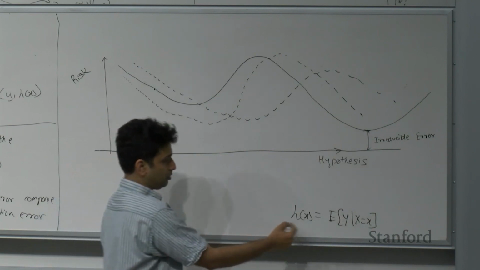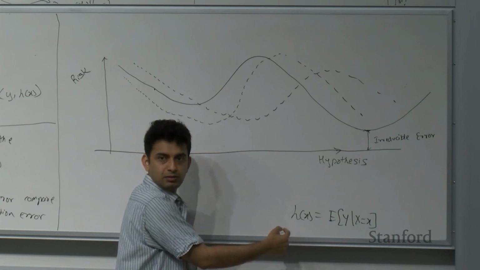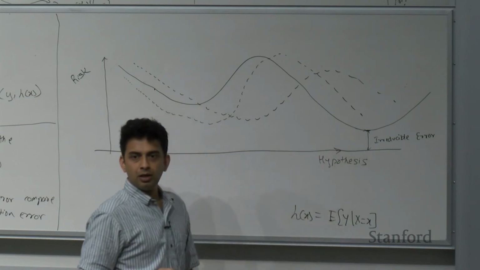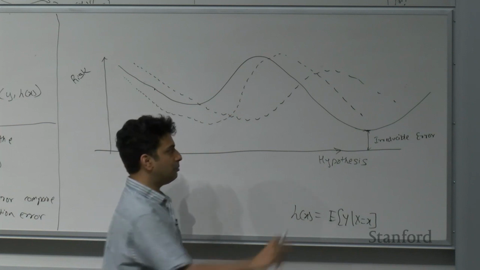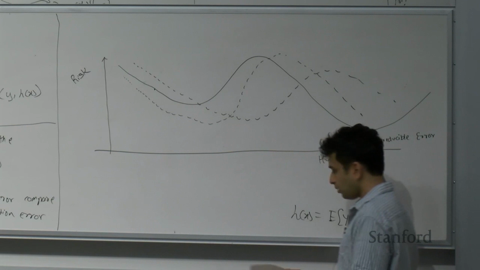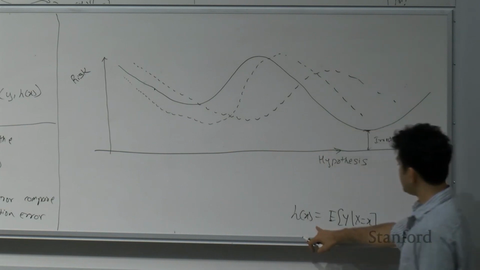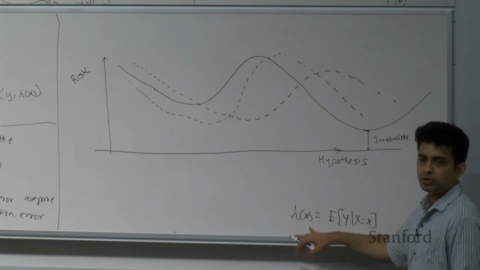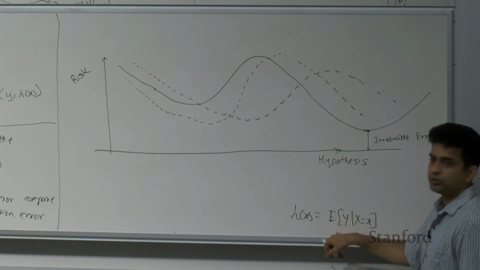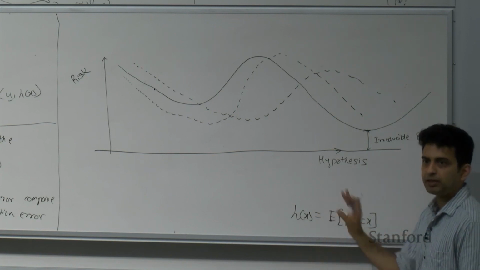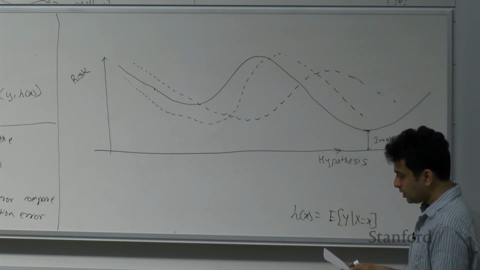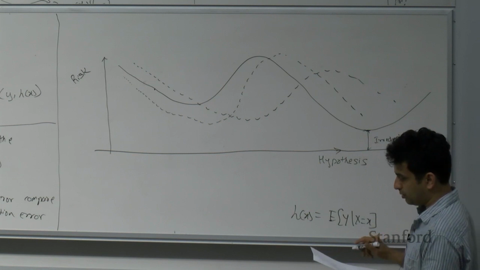You may not be able to approximate this well with some function, but there exists a function that is going to minimize your true risk to the absolute minimum, and that minimum is the irreducible error. This is with the assumption that we're using the squared loss. The squared loss is minimized by the mean. If you use the absolute value, then instead of the expectation, you take the median and so on. But there exists some function that is going to minimize it. So this is the irreducible error.